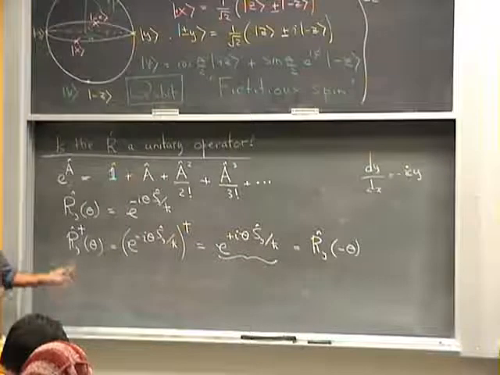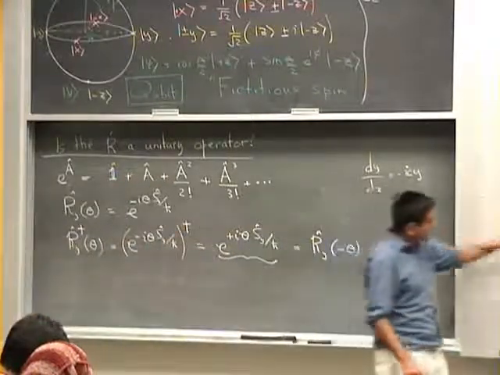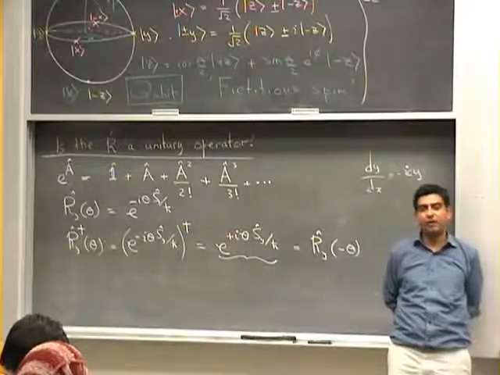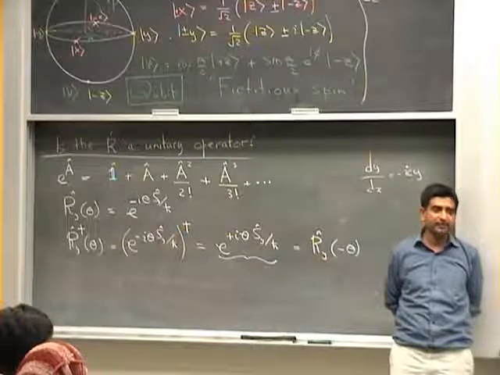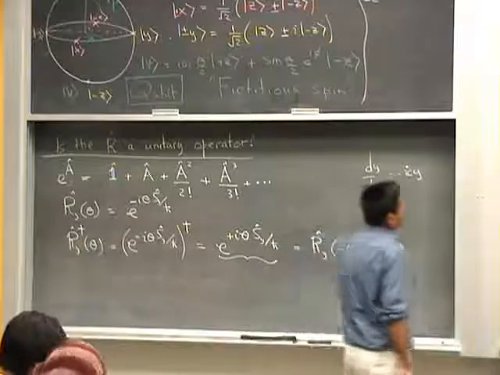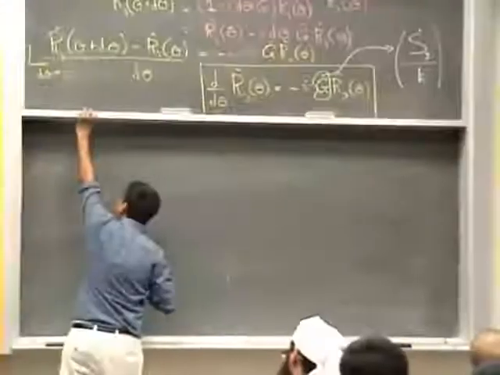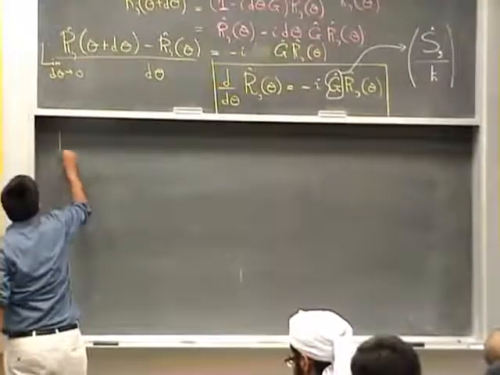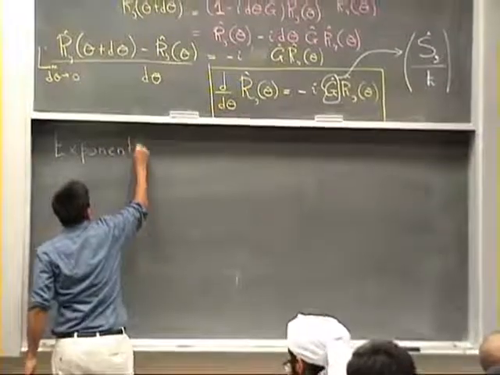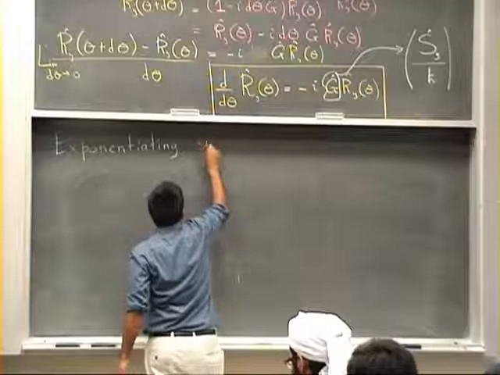Okay? So the general form of a rotation operator is what I have outlined over here. Now how do we calculate the exponents of rotation operators? This is something we would like to see now. For that purpose, I would like to prove a theorem. So basically, I am exponentiating spin operators.